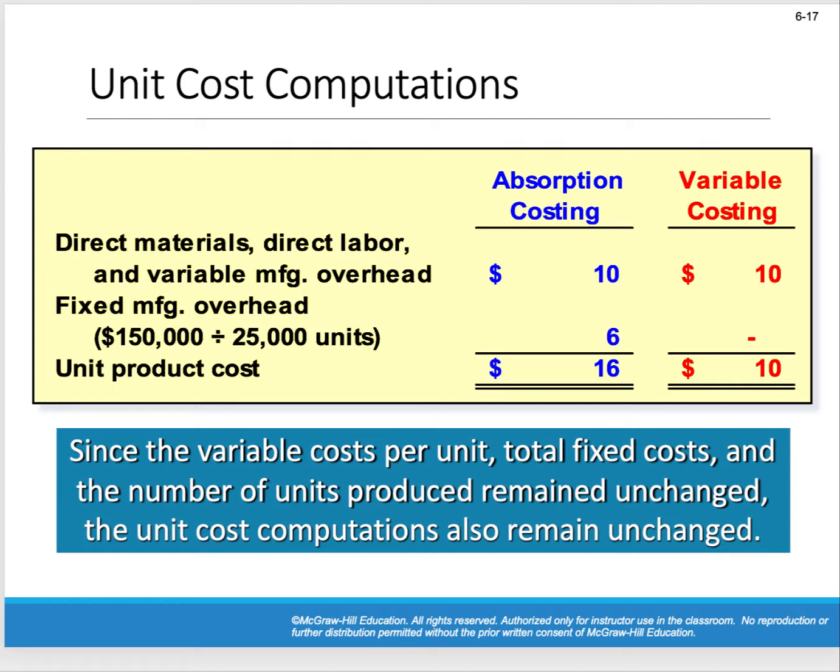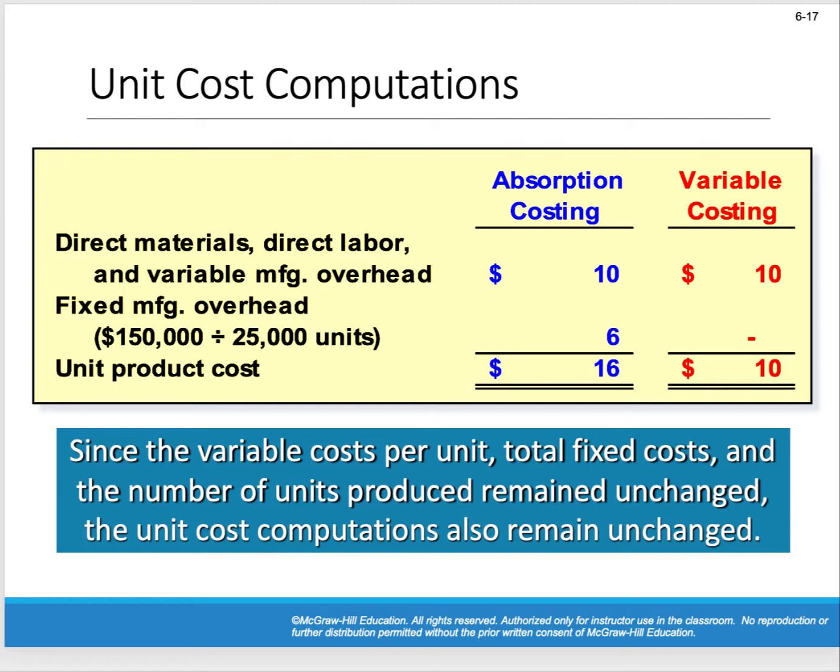So, step number one, calculate your unit cost under both absorption and variable. Remember, what is the main difference? The main difference between absorption and variable costing, I'm sure some of you are rolling your eyes, like, why do you keep saying the same thing? The idea is to get that into your long-term memory.